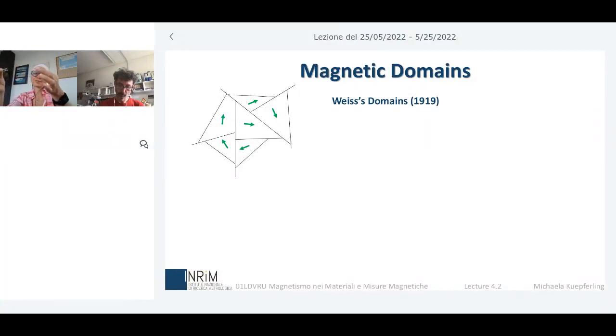Iron, of course, is a ferromagnetic material. We studied this now several times. And you see, although it's ferromagnetic, these clips do not attach to each other.